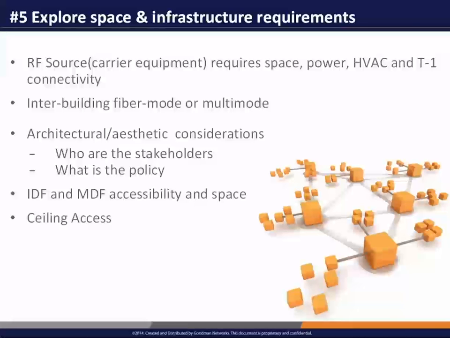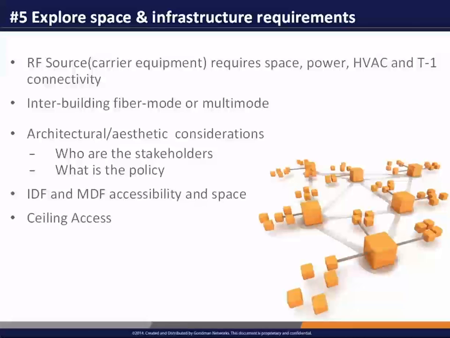At the same time, understand that many campus deployments, we think of them as an indoor solution, but oftentimes there's an outdoor component, and that is an outdoor antenna, which may be on the side of the building or on a roof. And oftentimes there's architectural or aesthetic considerations that need to be considered, and you need to plan for that and understand who the variety of stakeholders are in approving antennas.